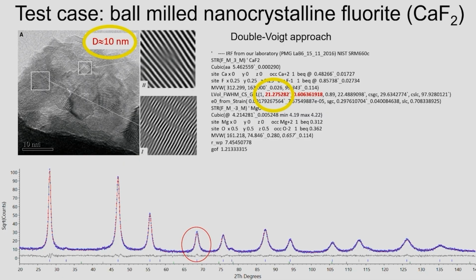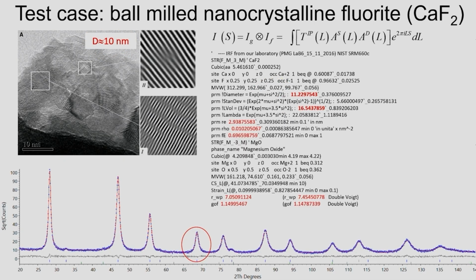So now I am using the approach I just described, the convolution approach, and this is the result. I'll go over the details now, so don't worry, there are too many numbers here, but you can already see that the mean size, the diameter, is 11 compared to 10.